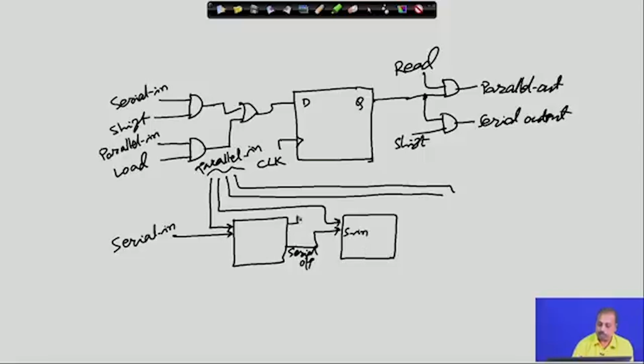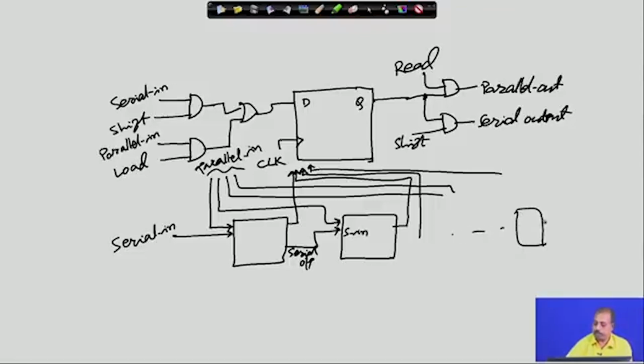Then I will need the parallel output lines as well. These parallel output lines will be taken from these individual flip flops and they will form the 4-bit parallel output coming from the successive stages. And the serial output of the last flip flop will be the shift output.